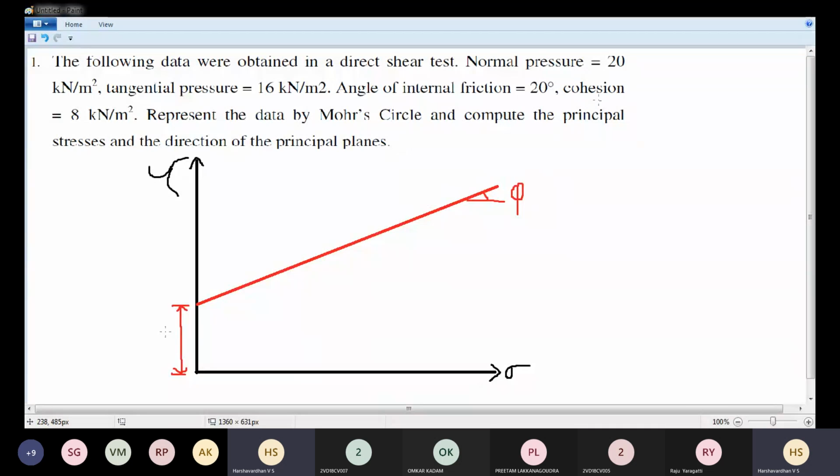So in my graph, 20 is the maximum value. I'll take 1 centimeter is equal to, let's say, 2 kilonewton per meter square.